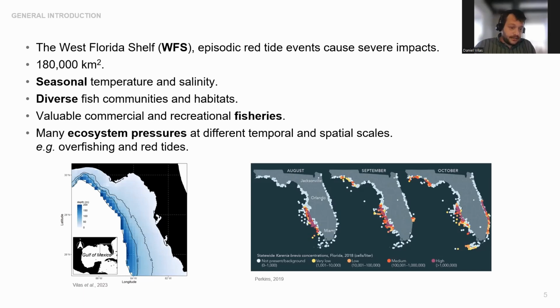In this region there are also many ecosystem pressures that affect the system at different temporal and spatial scales, such as overfishing, red tide, hurricanes. We have also had oil spills at some point, invasive species, so many pressures.